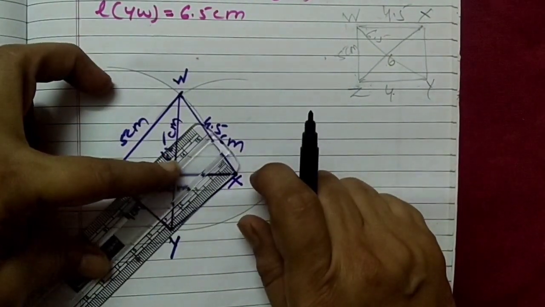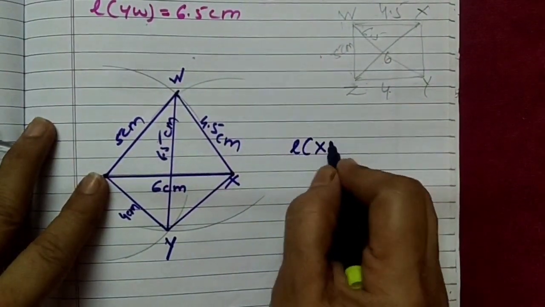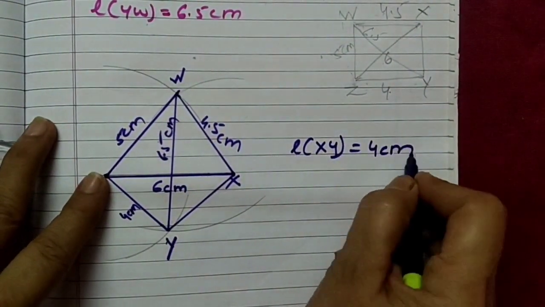So we can find out the length of XY is 4. Length of XY is equal to 4 centimeter.